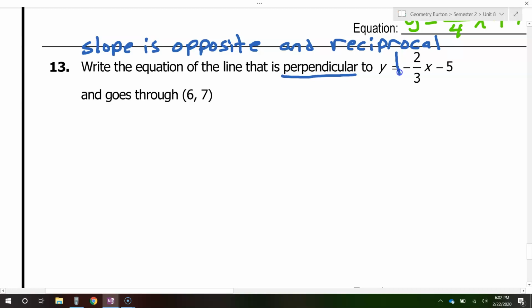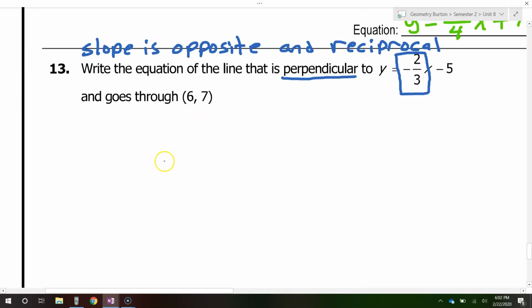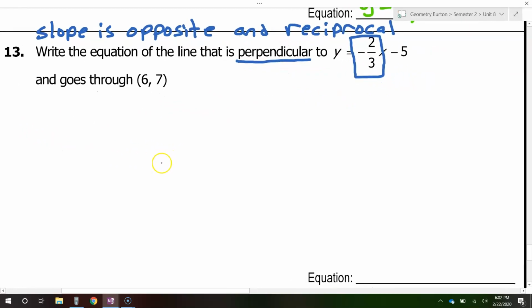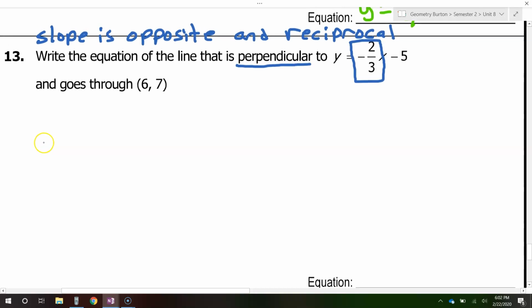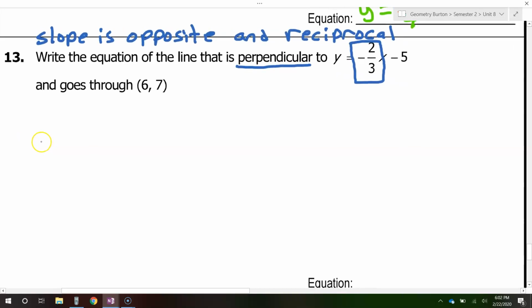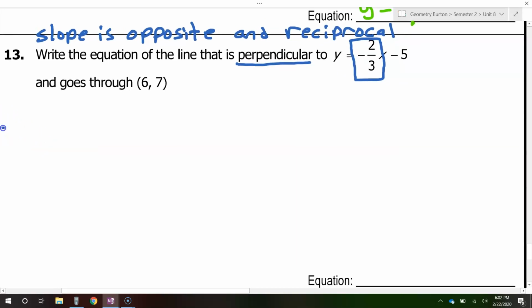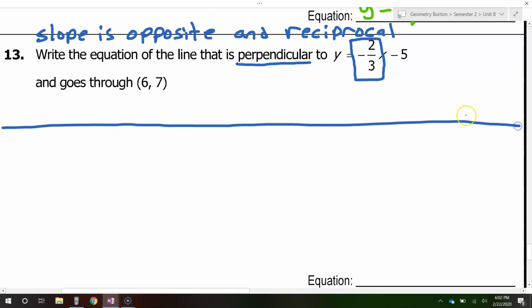All right, and here's the slope right here. Put a little box around that. So when we make our chart in a minute, our little graphic organizer, it should be opposite and reciprocal. The slope we're going to use will be opposite and reciprocal. The y-intercept is irrelevant. Scribble it out. We're just talking about the slope, nothing else.